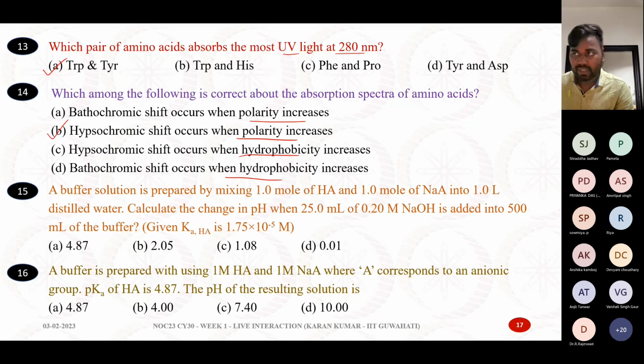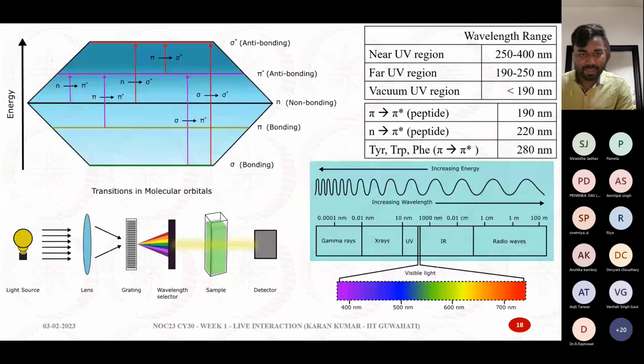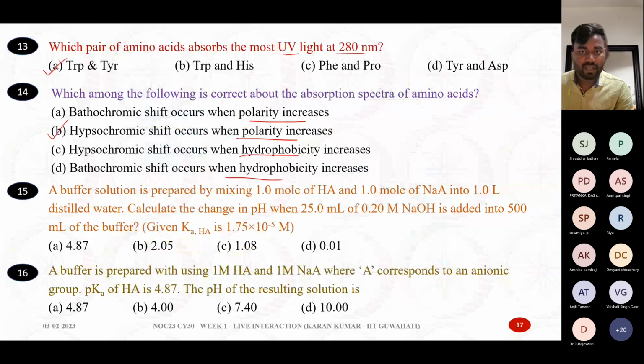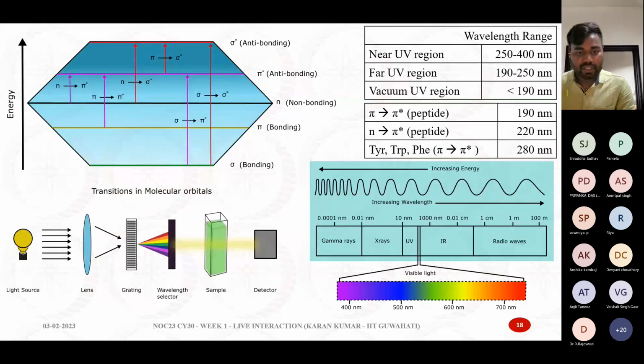absorption spectra. For absorption spectra, normally why do we study this? Absorption occurs due to the different orbitals in the molecular structure.